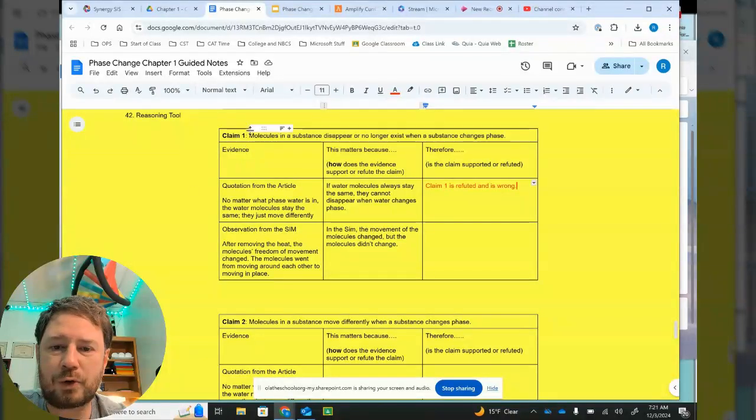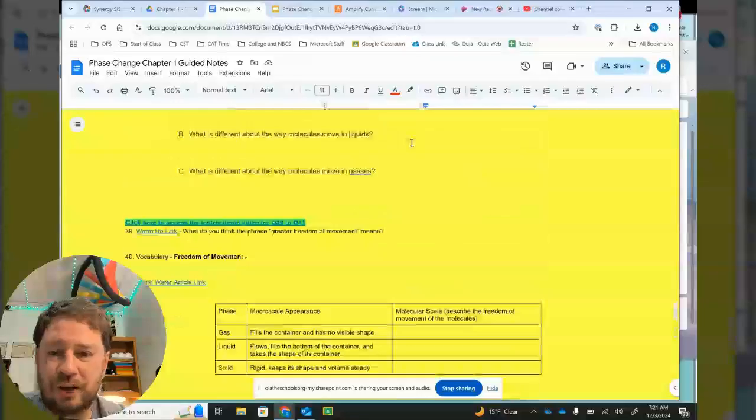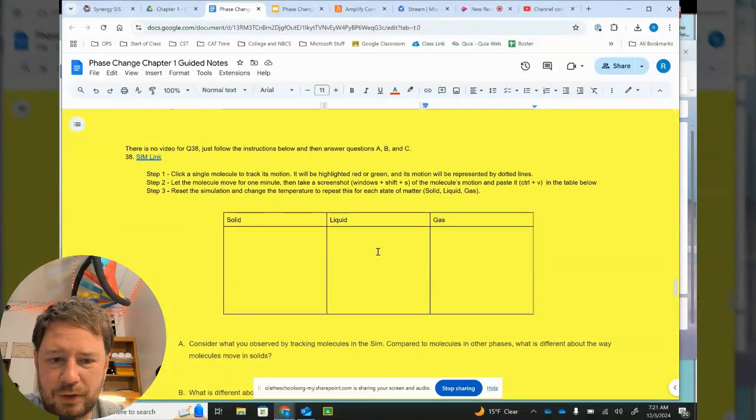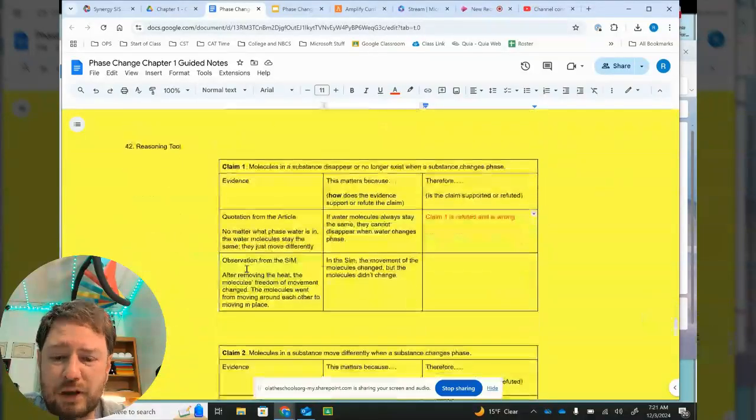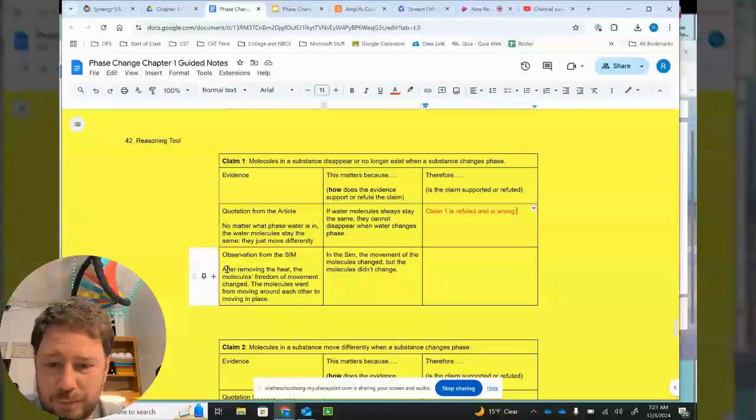If claim 1 were true, and molecules disappear or no longer exist when a substance changes phase, then up here on this question with solids, liquids, and gases where you took a screenshot, we would have expected some of the molecules to disappear. But they didn't disappear. We tracked their movement, and they stayed there the whole time. The only thing that changed was their motion. So the freedom of movement changed.